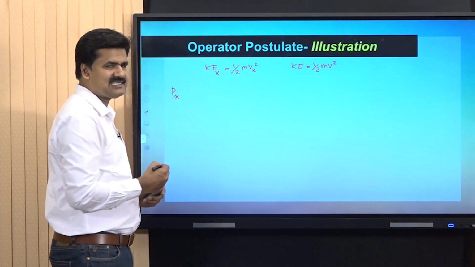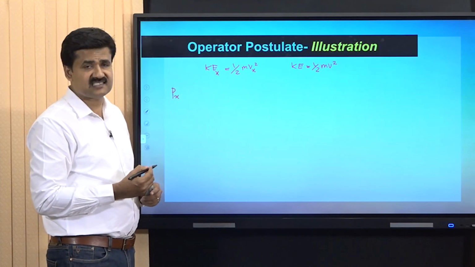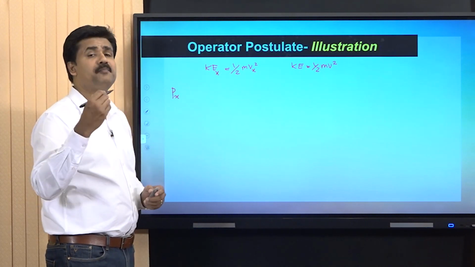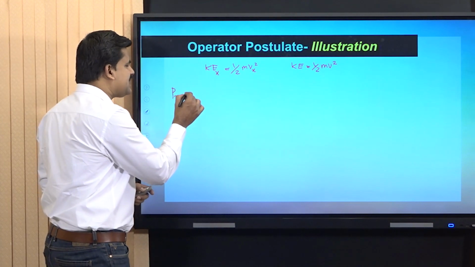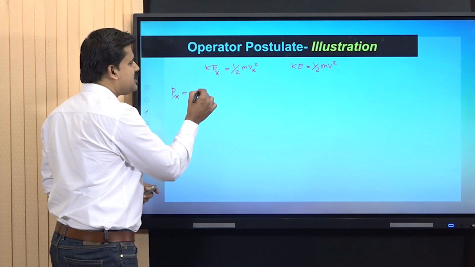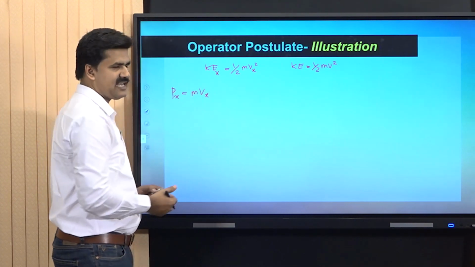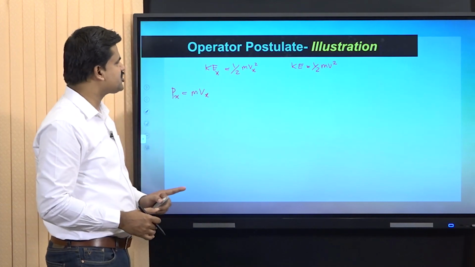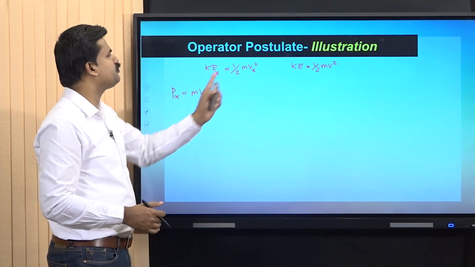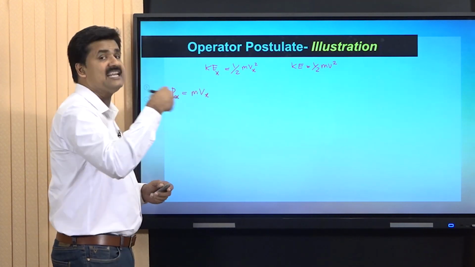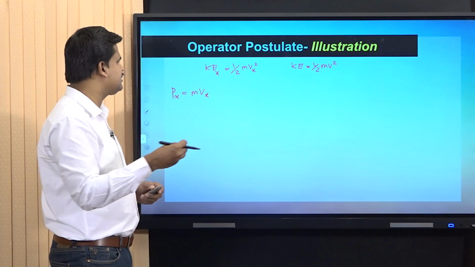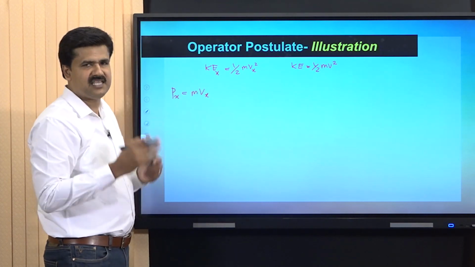Px represents momentum along x direction. We know momentum p is a product of mass and velocity, therefore Px equals mass into velocity along x direction. In this expression, Px is not directly observed, so I have to correct the kinetic energy expression to get Px.